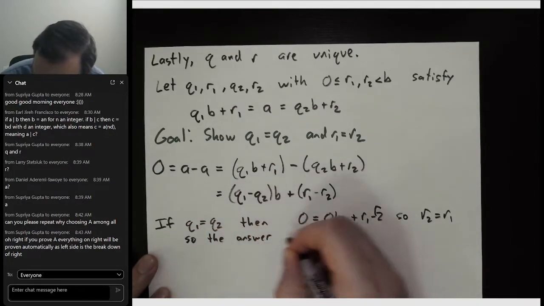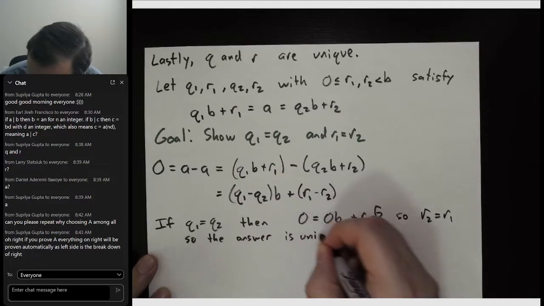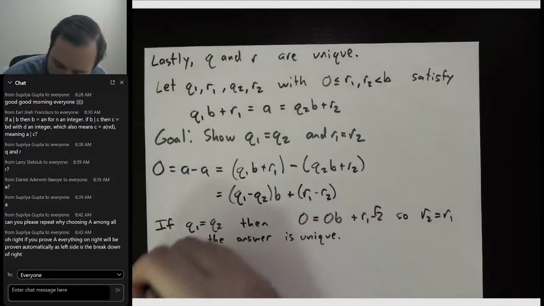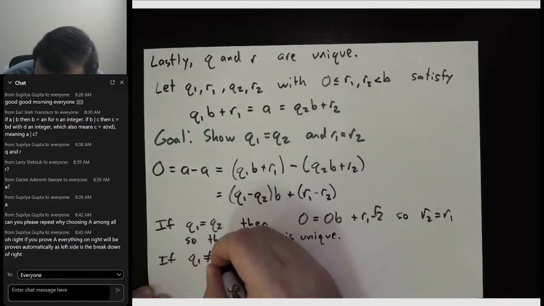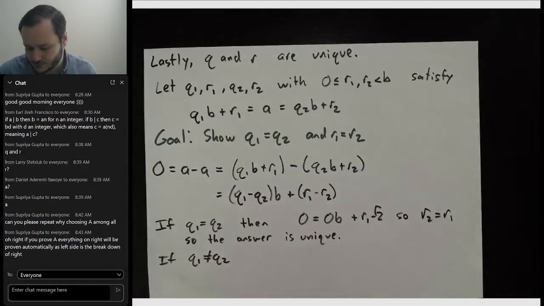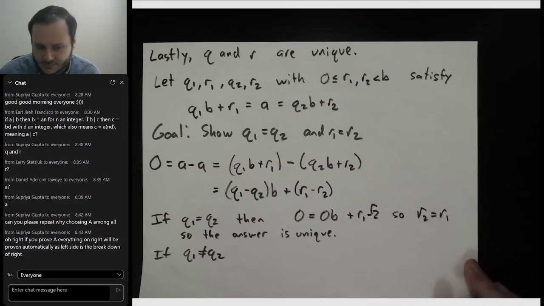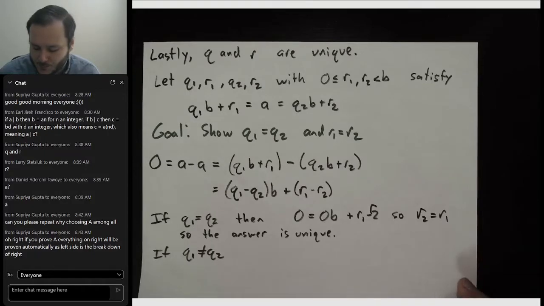But what if Q1 is not equal to Q2? Well, if Q1 is not equal to Q2, then I can divide by it. This is a trick.